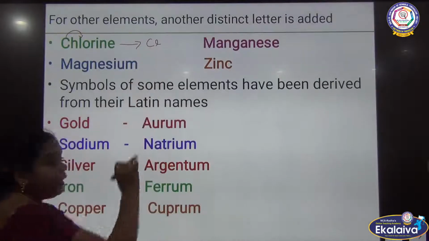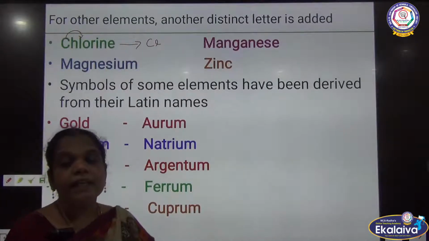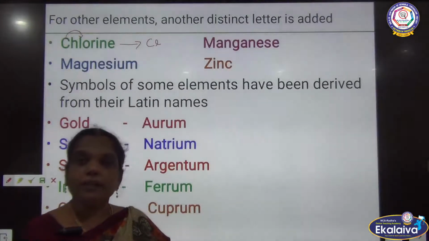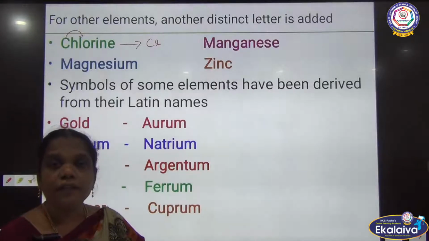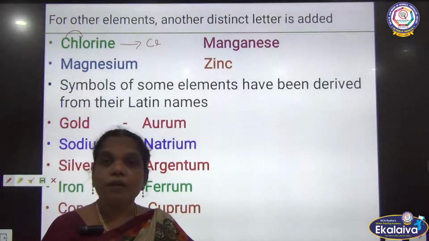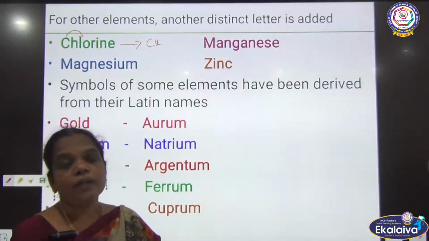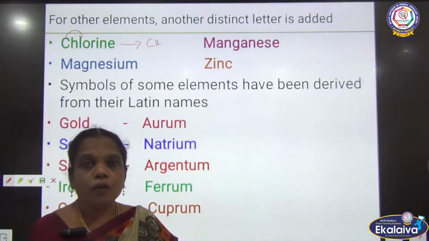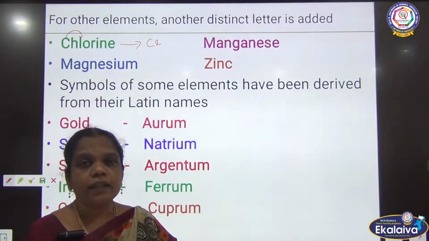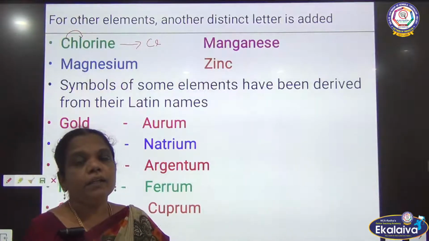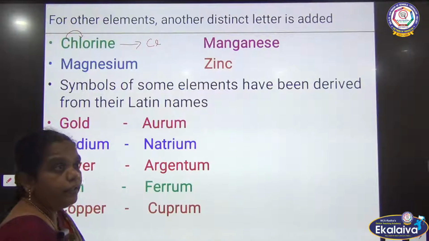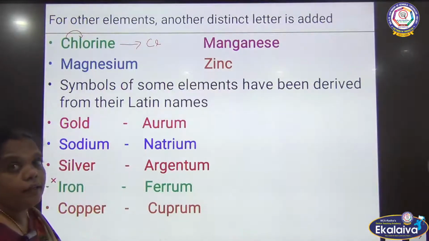So chlorine can be represented as Cl. Already the first letter of chlorine is C, and C is assigned for carbon. So again we cannot assign C for chlorine, and CH is also assigned for some other element. We are going to assign the distinct, the third letter, here.